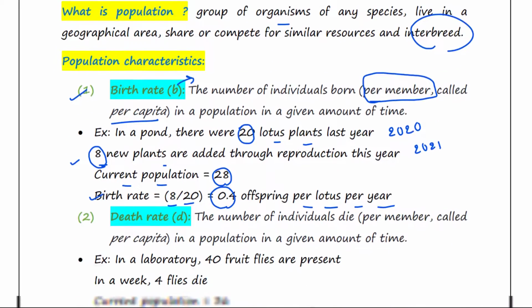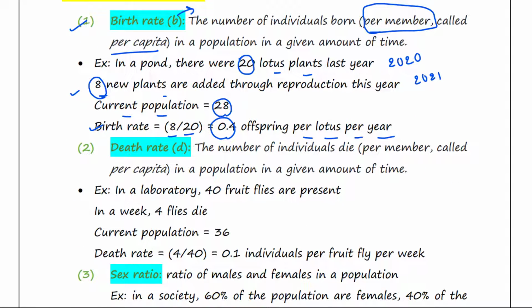Okay, next is death rate, which is denoted by small d. The number of individuals that die, again per member, which is called per capita, in a population in a given amount of time is called death rate.